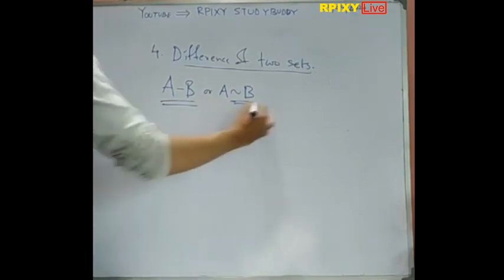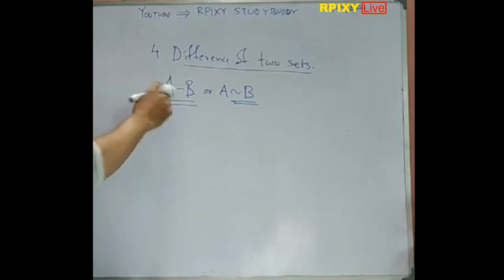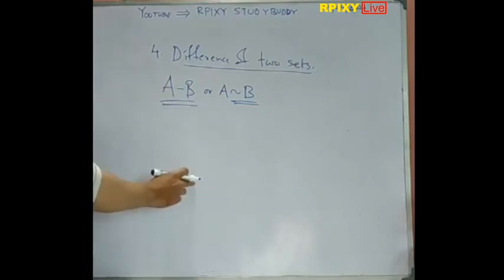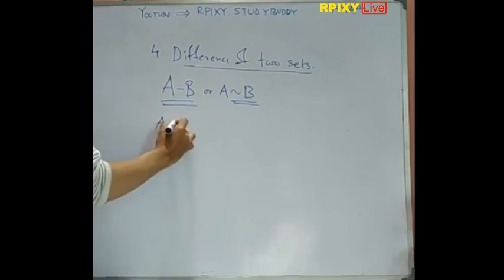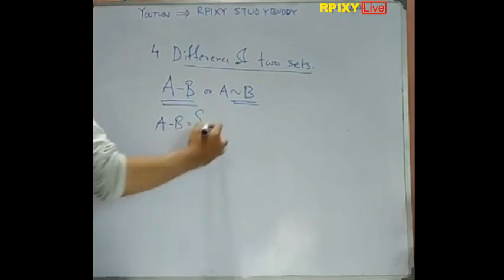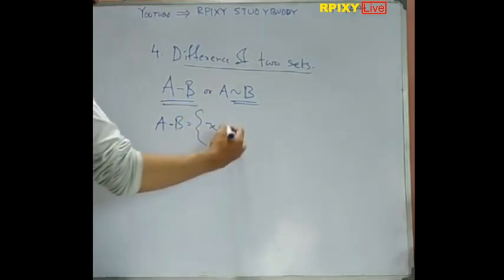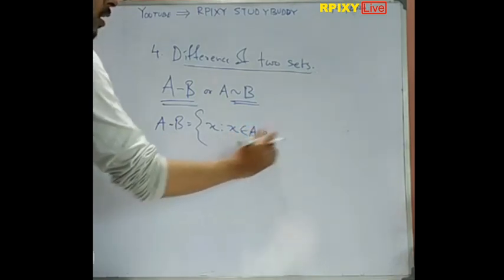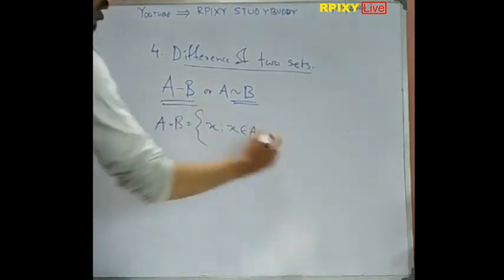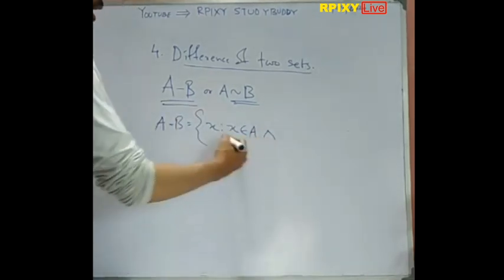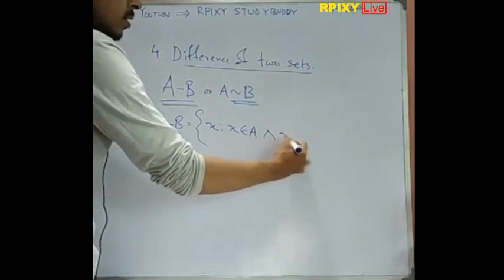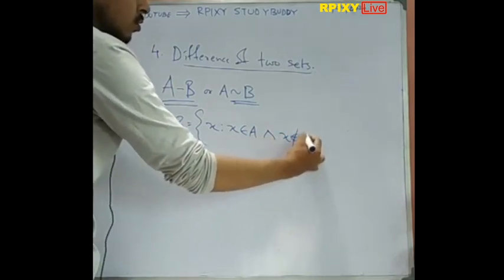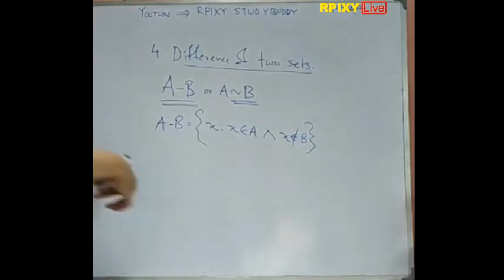This indicates the difference between A and B. First I am writing the definition of the difference. A minus B will be the elements x where x is from A, and here I am using the AND symbol, x belongs to A and x doesn't belong to B.